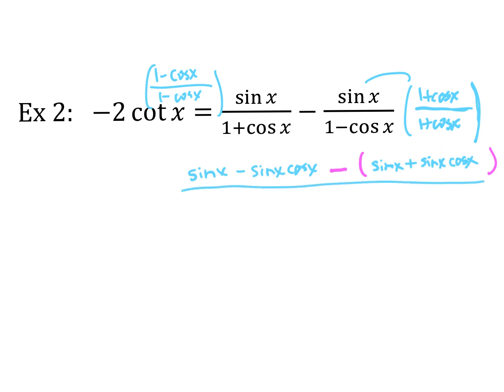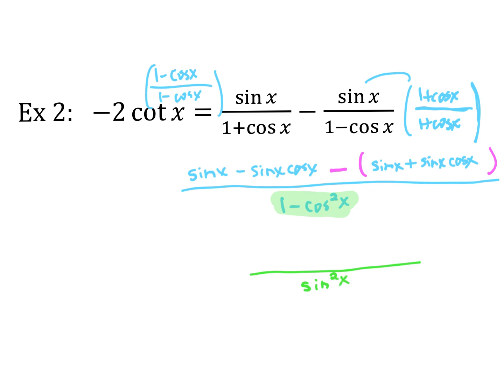And then this is all over 1 minus cosine squared x. We'll deal with that numerator, but I'm seeing that simplifies pretty easily, yes? What does that give us in the denominator? Sine squared x. Yeah, we've got sine squared x here.